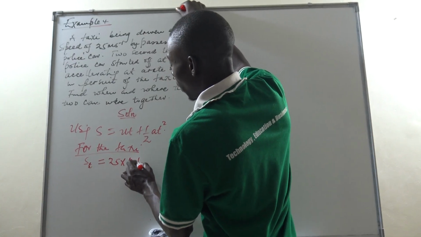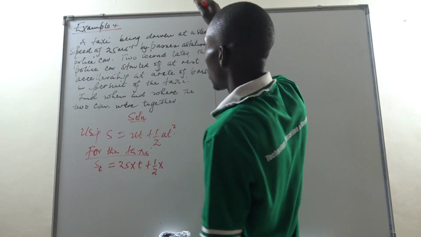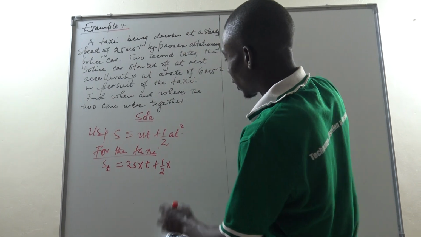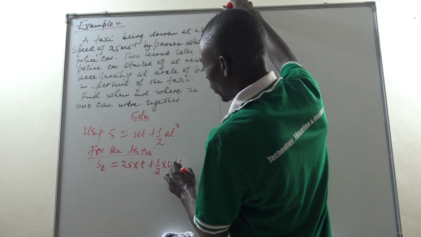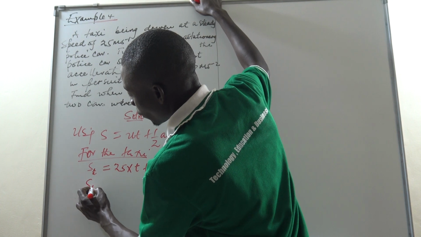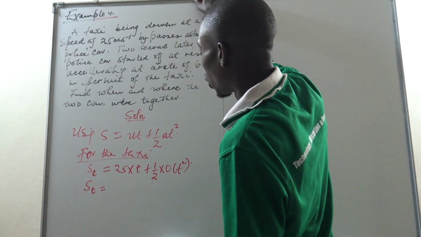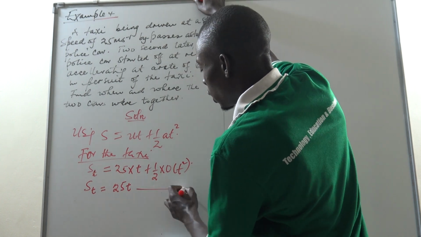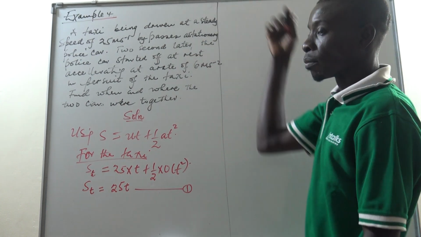Is that okay? Plus a half times acceleration. Because it is being driven at a steady speed, acceleration will be 0. Is that okay? That means that the distance covered by the taxi will be equal to 25t. I can call this equation 1.